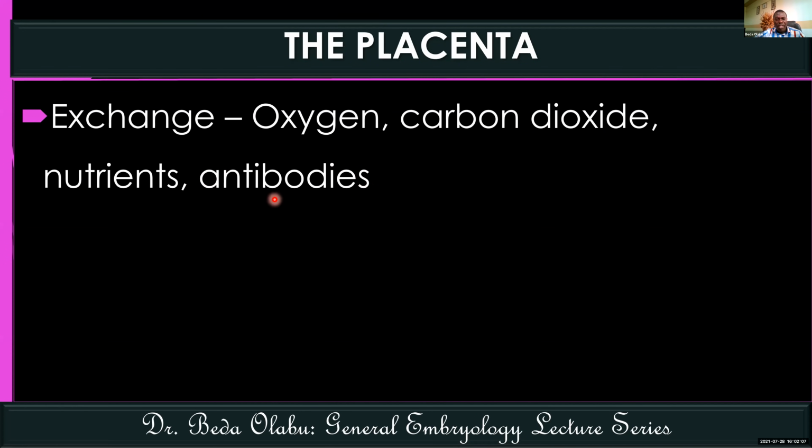Antibodies move from the mother to the fetus. And the antibody we're talking about here is called antibody G, immunoglobulin G. We know that water also moves and that water has a bidirectional course of movement. It can move from the fetus to the mother or from the mother to the fetus. That is part of what we call the transmembrane pathways of fluid movement.